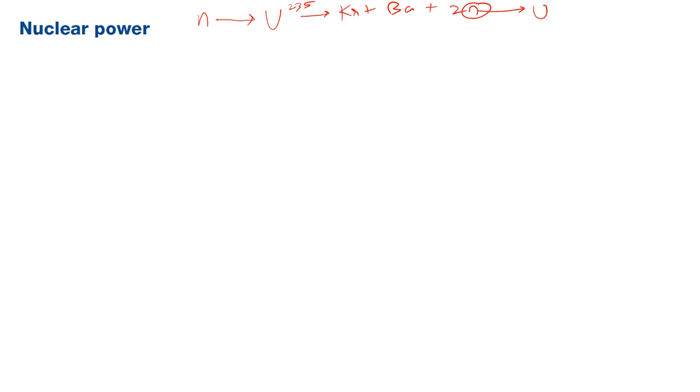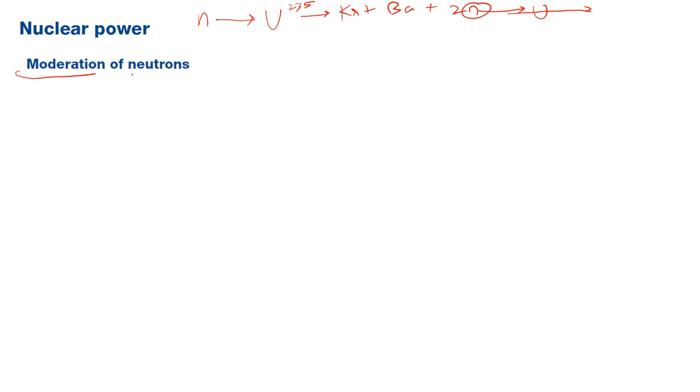Because of this extremely high energy, these neutrons are moving with extremely high kinetic energy. It is very much possible that the neutrons are moving so fast that they just pass through the nucleus without any reaction taking place. For the reaction to take place, the neutron has to get absorbed by the uranium nucleus. Only then the radioactive decay occurs. So for that we do something called moderation.